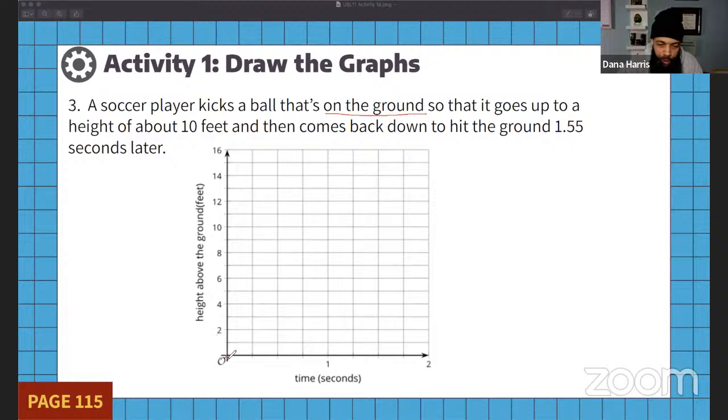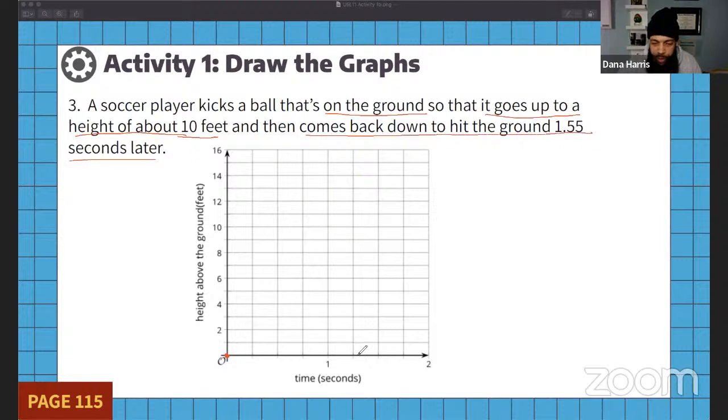So it's here. Once again, the height above the ground is on the y-axis and the time is on the x-axis. These details are important. Read the graphs. So it goes up to a height of 10 feet, comes back down to hit the ground 1.55 seconds later.